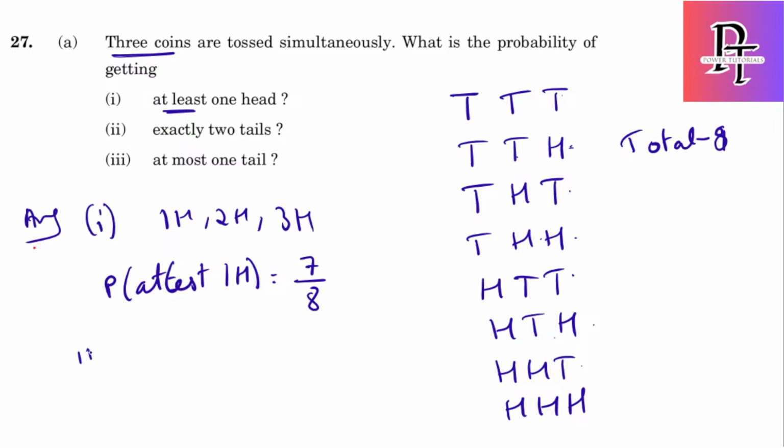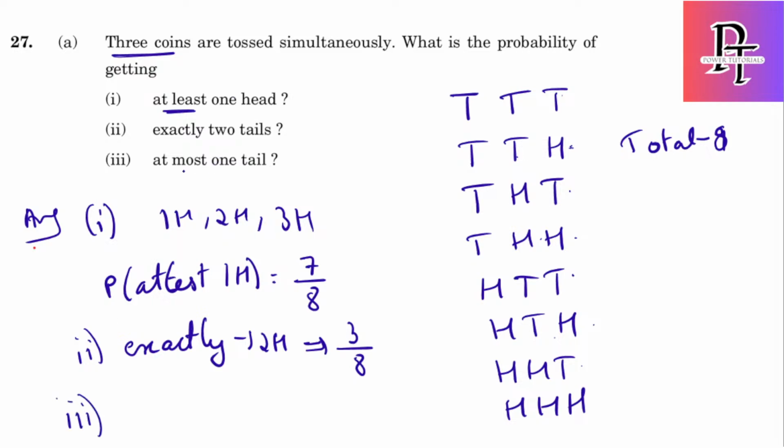Second one, exactly 2 tails. As it mentions exactly 2 tails, we have to see only the options having 2 tails. This one, this one, and this one also have 2 tails. So for exactly 2 tails we have 3 chances, so the probability is 3 by 8.